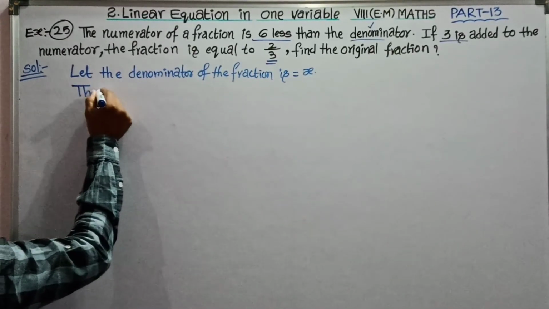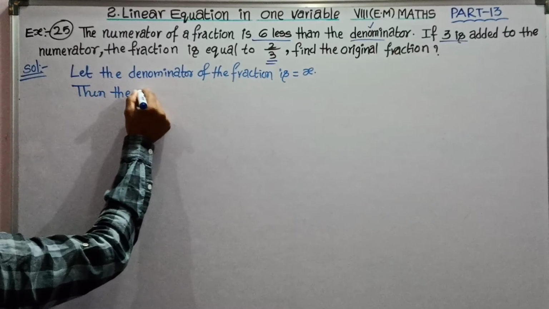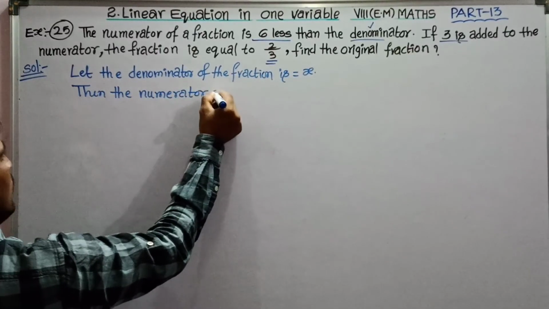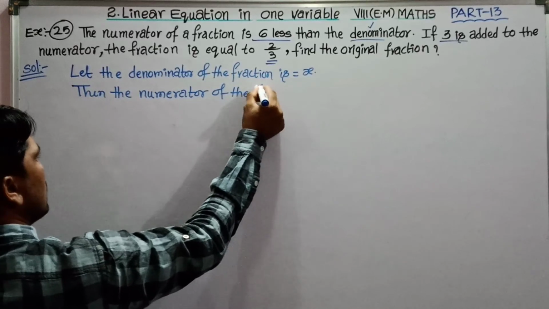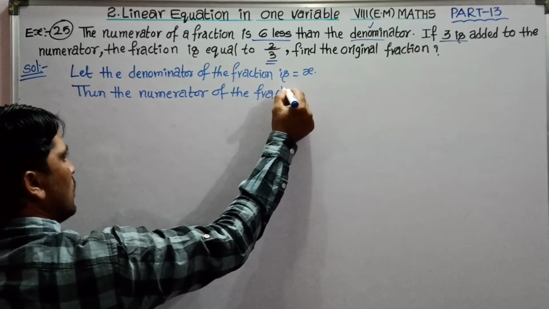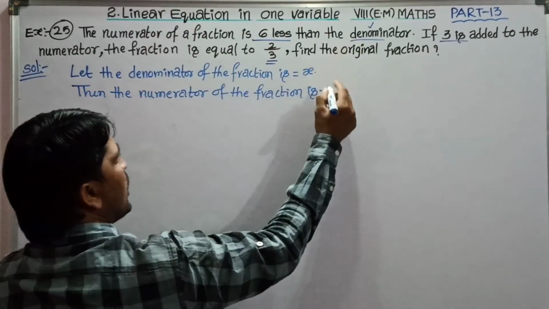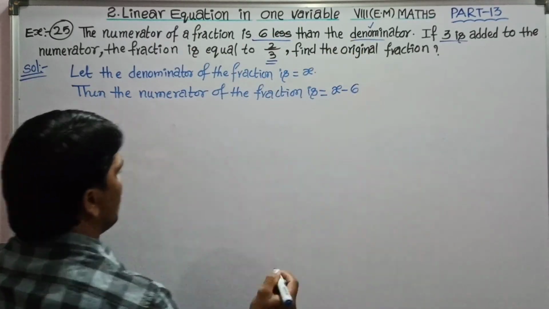Then the numerator of the fraction, being 6 less than the denominator, is x minus 6.